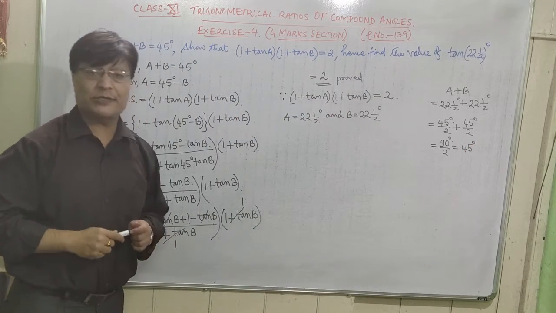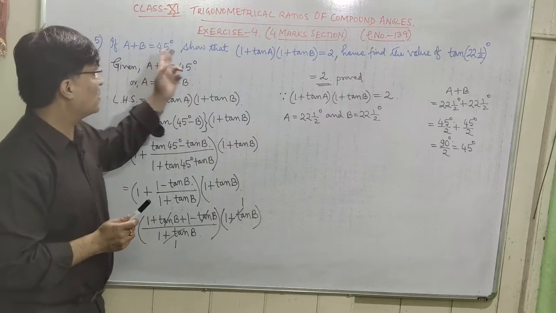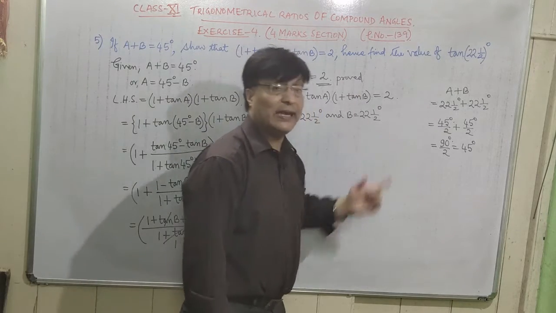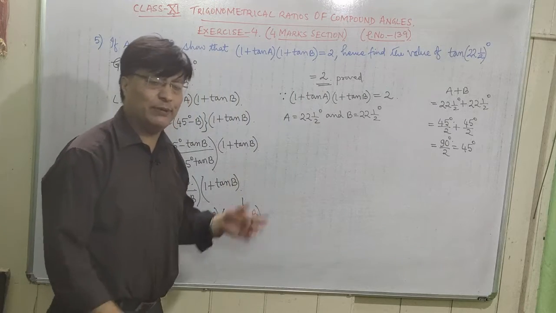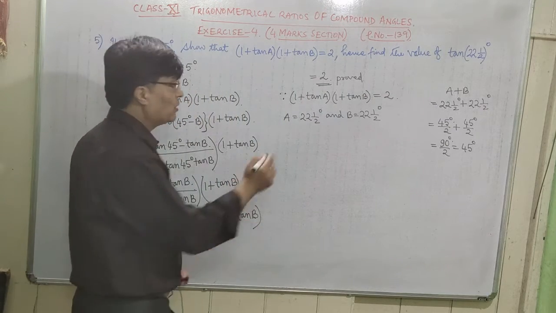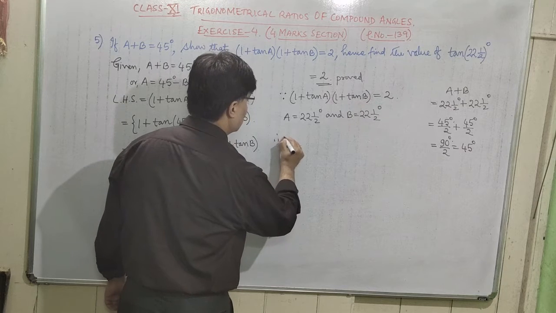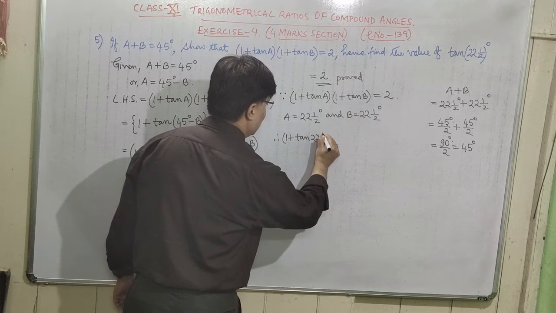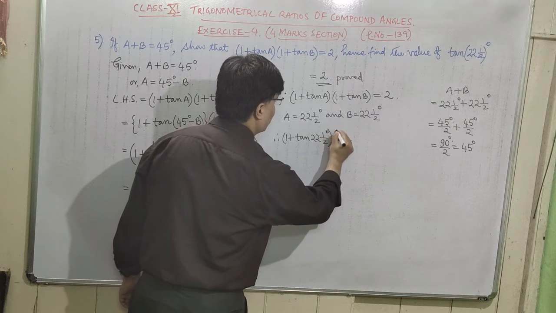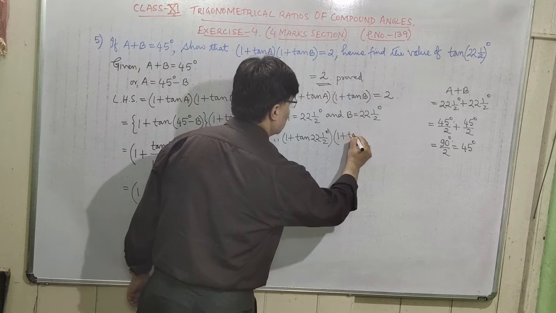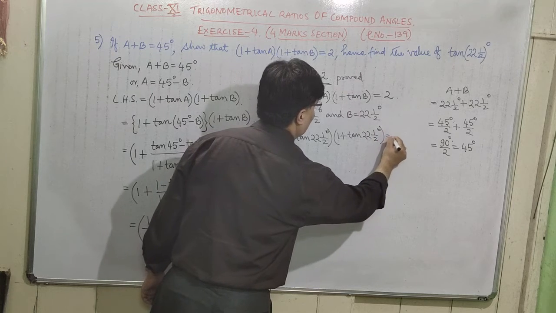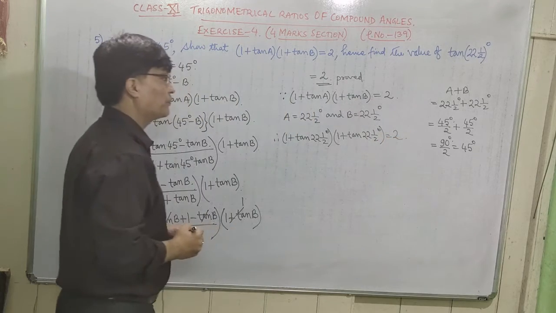In the question it is given that A plus B is equal to 45 degree, so we can take A and B both equal to 22.5 degree. So let us put it out here. Therefore (1 plus tan 22.5 degree)(1 plus tan 22.5 degree) is equal to 2.